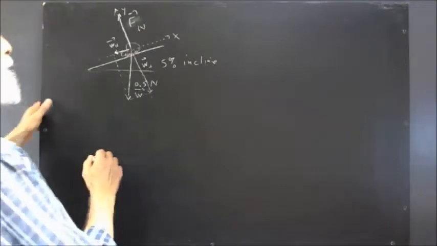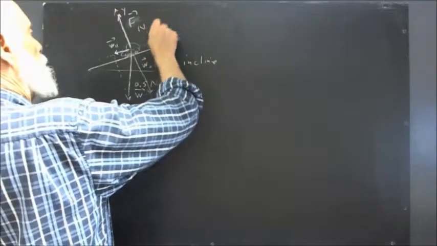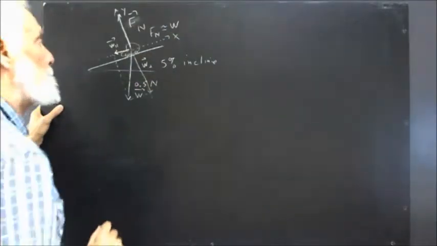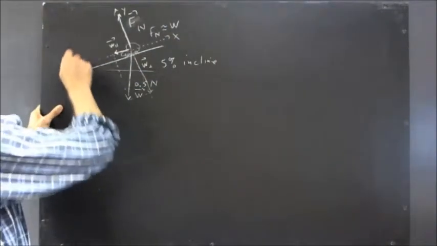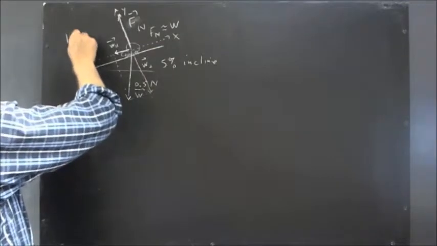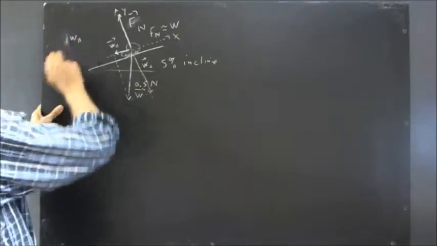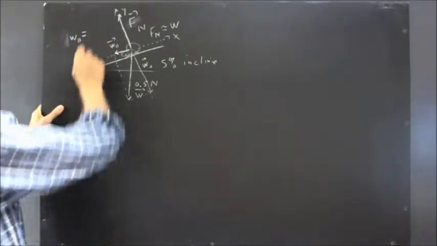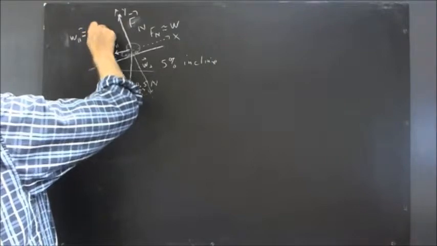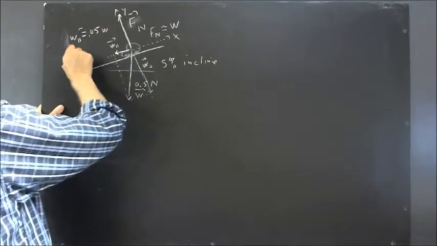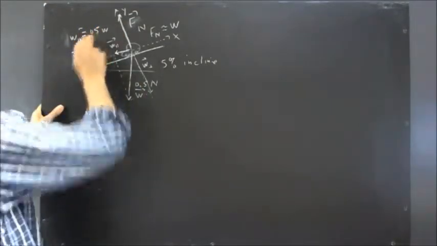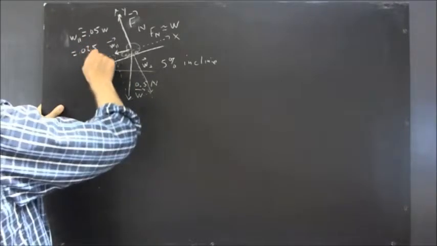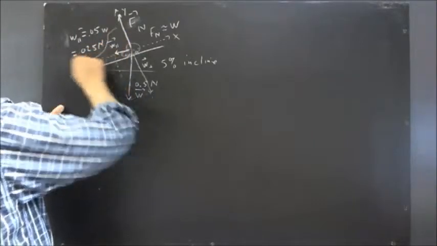The magnitude of F sub n is approximately equal to the weight. The magnitude of W parallel, let me write that as plain old W parallel with no vector over the top of it, is about 0.05 times the magnitude of W, which is 0.05 times 0.5, which is 0.025 newtons.